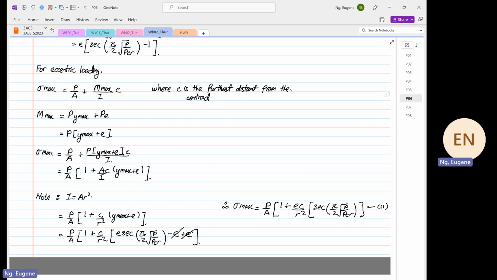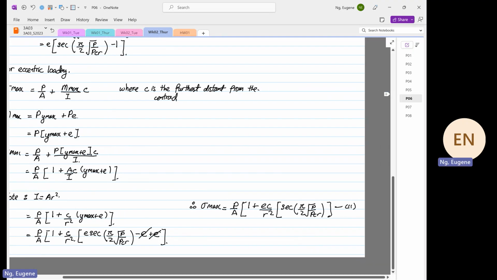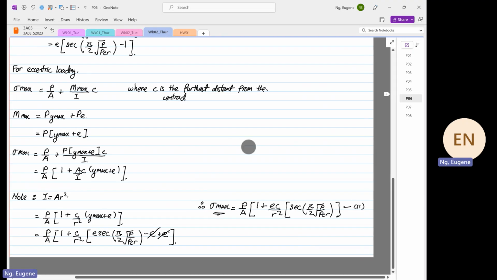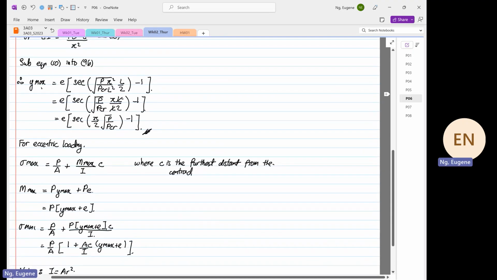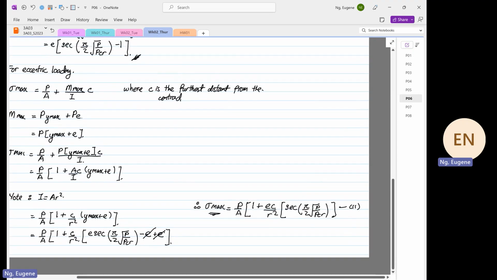This is our equation for the maximum stress of the structure under eccentric loading, and over here is the expression of maximum deflection due to eccentric buckling.